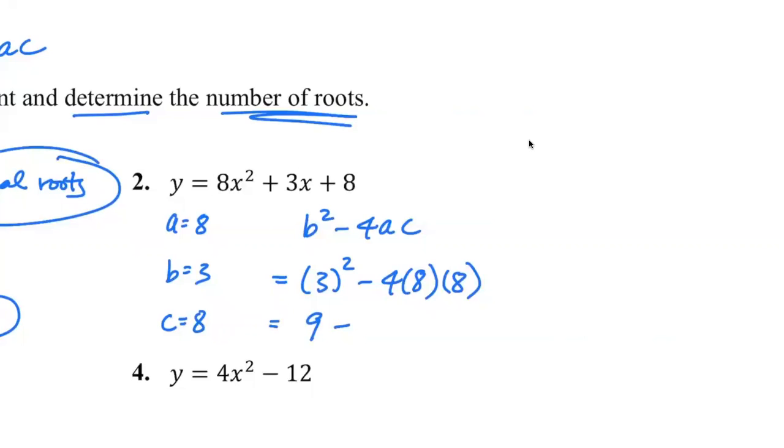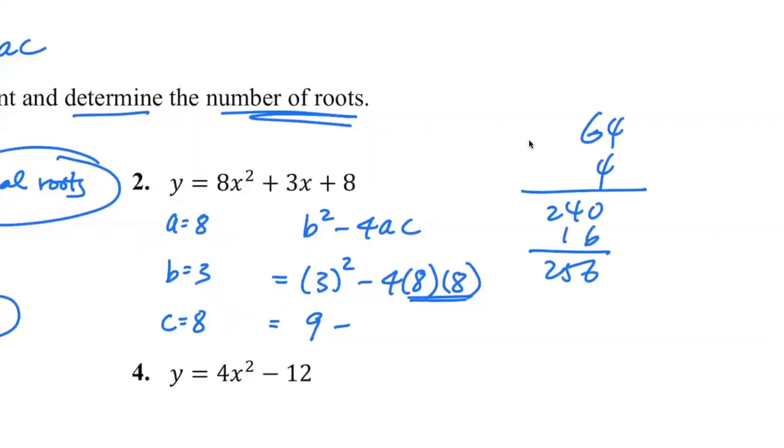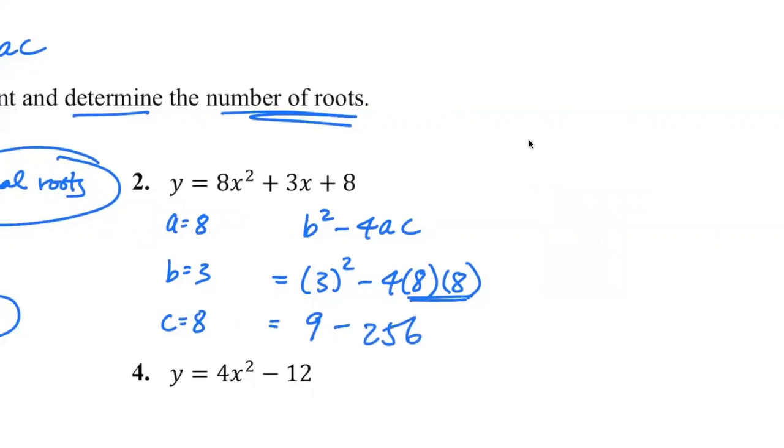So what do we have here? 8 times 8 is 64. 64 times 4 is 240 plus 16, which is 256. So 9 minus 256, you may go ahead and say, hey, that's less than 0. So that must be two imaginary roots, no real roots whatsoever.